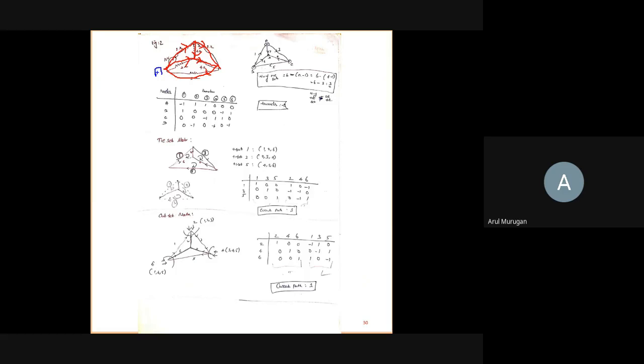If not, you can give A, B, C, D. Then branch numbers you can give 1, 2, 3, 4, 5, 6 wherever you like. Now the nodes are ready, the branches are ready, then write node versus branch. So the incidence matrix is over.